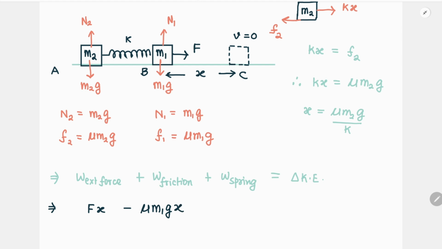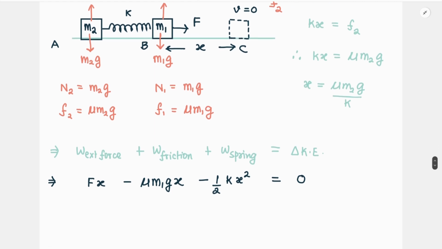Since frictional force is opposite to the direction of displacement, work done is negative. And then the spring is opposing its elongation, so the spring has a work done of minus half kx square. Since there is no change in kinetic energy till this instant, as the process is performed quasi-statically, we equate the kinetic energy change to 0.